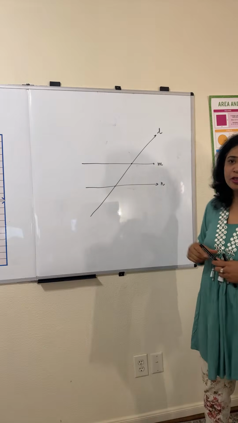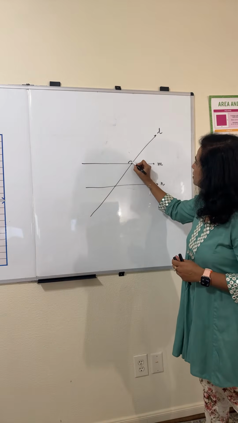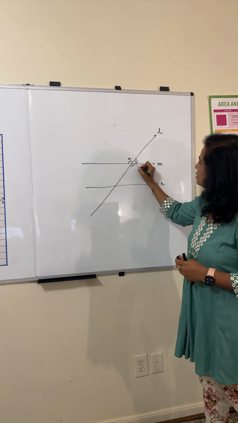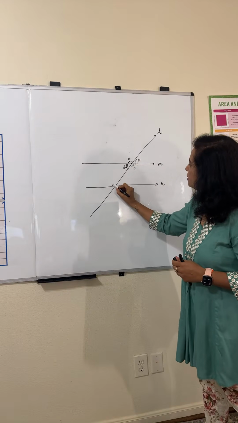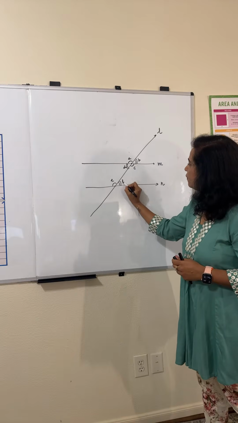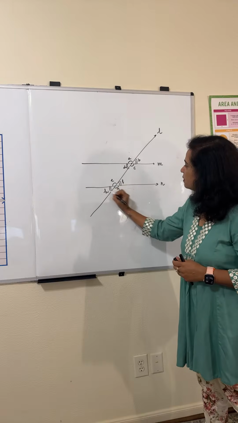When it cuts at two points, it makes angles, right? Let's call these A, B, C and D. Then these are E, F, G and H.